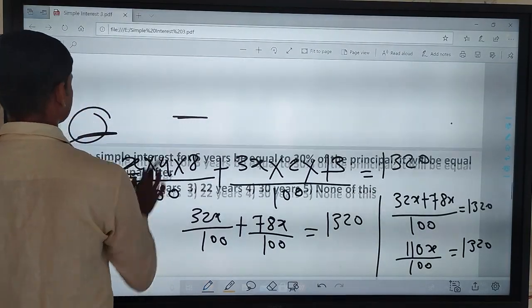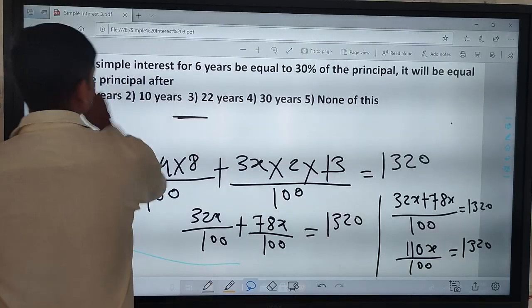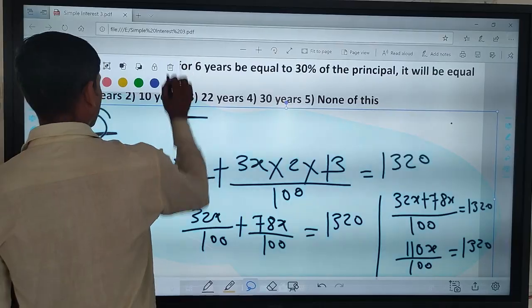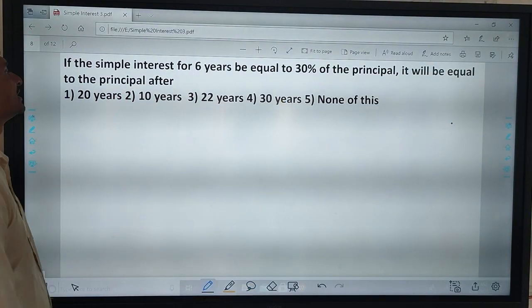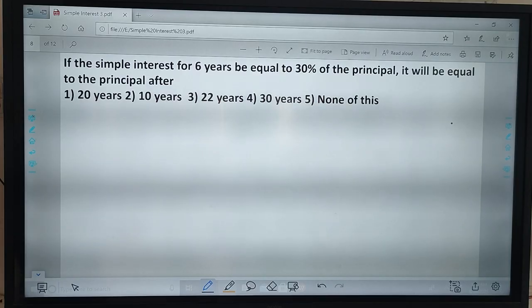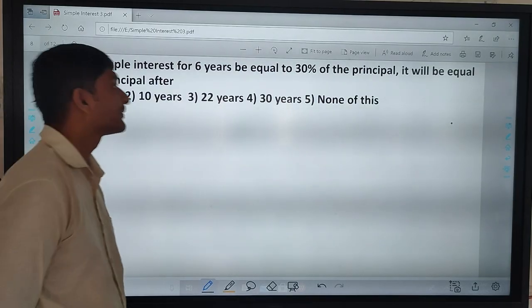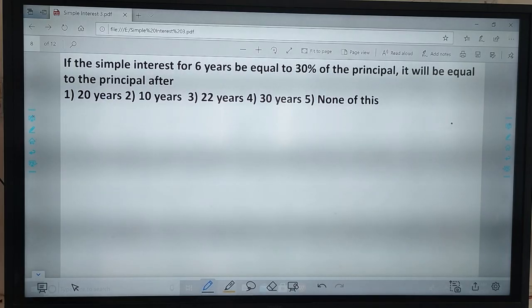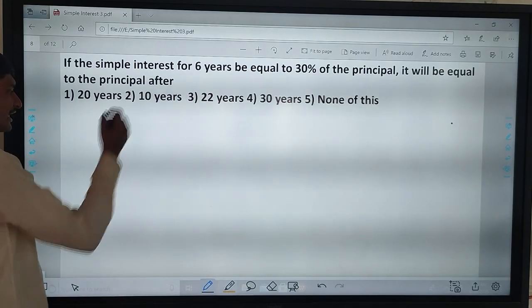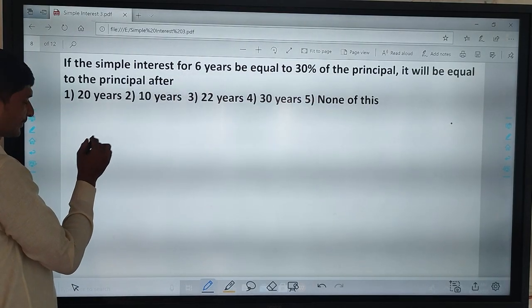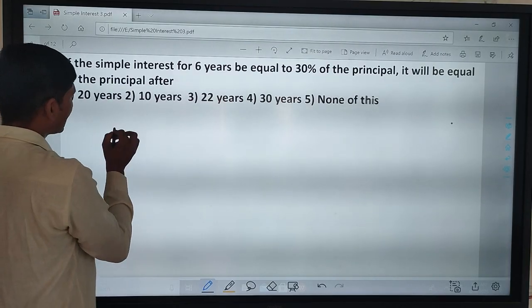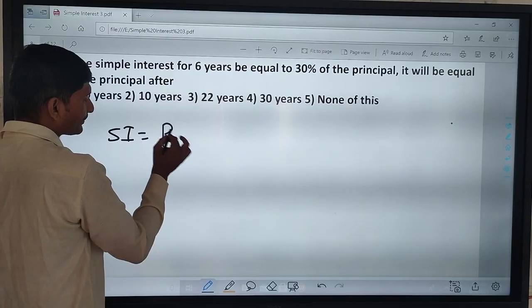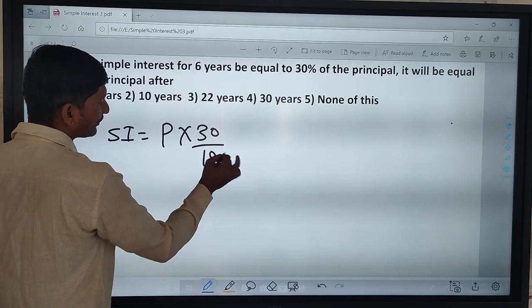Now next, if the simple interest for 6 years is equal to 30% of the principal, it will be equal to the principal after how many years? Here the principal is P. Simple interest SI is equal to 30% of principal, that is 30 divided by 100.